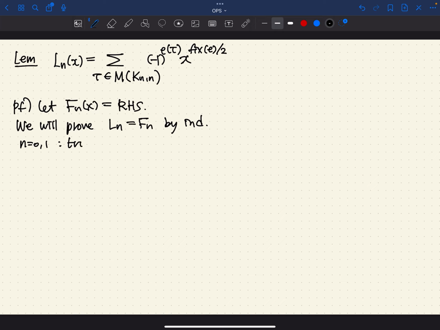You can just substitute n equals 0, n equals 1 there. So it's clearly true. So now suppose that the statement is true for all k less than or equal to n. And we're going to consider the case n plus 1. So then it is enough to show that f_n satisfies the same recurrence as L.